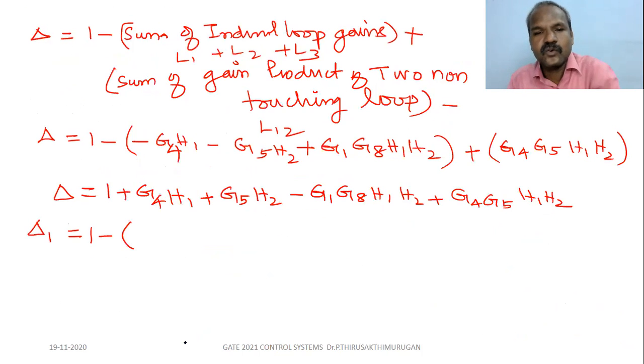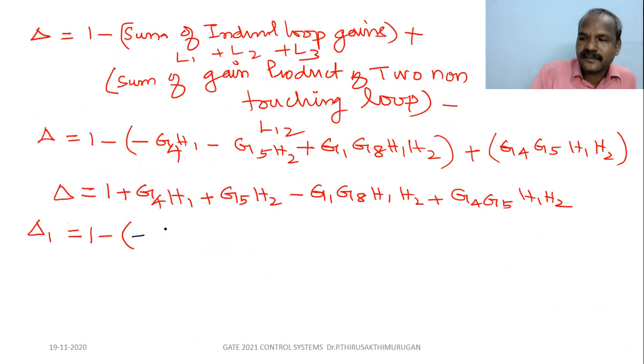So minus G5 H2, plus the remaining possibility is 0. So delta 1 is 1 plus G5 H2.